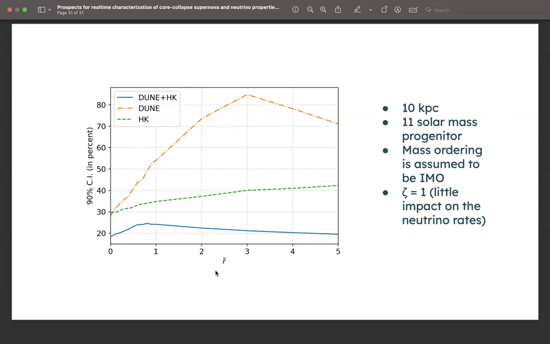But we wanted to be sure that this is not just a matter of having a nice value of R. Indeed, whatever the value of R, if it were different from 0, this would always be the case when you combine DUNE and HK, which is nice to see. Unluckily, this branching ratio is more delicate, so it has little impact in general.